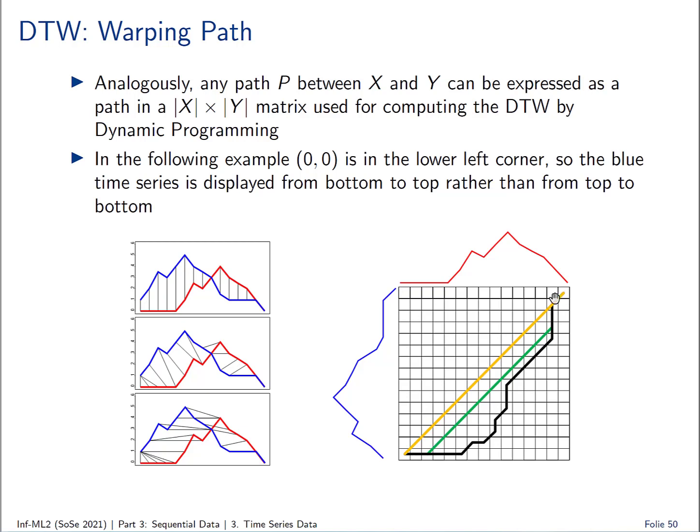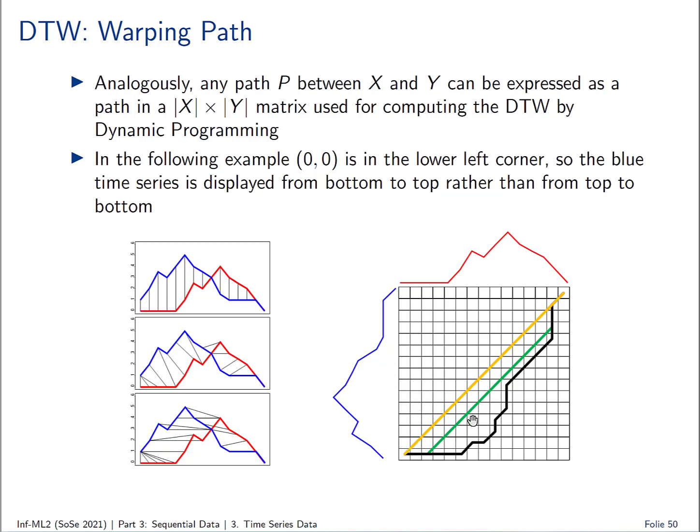Analogously to edit distance, any alignment path, any warping path between x and y can be expressed as a path in this matrix, and the size of the matrix is given by the lengths of the two corresponding time series, n for x and m for y. So it's an n times m matrix.